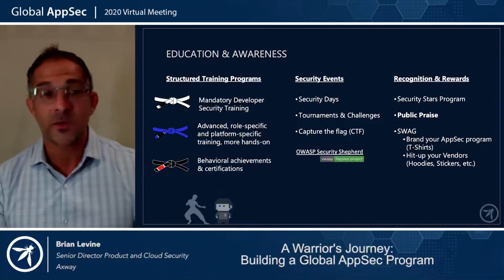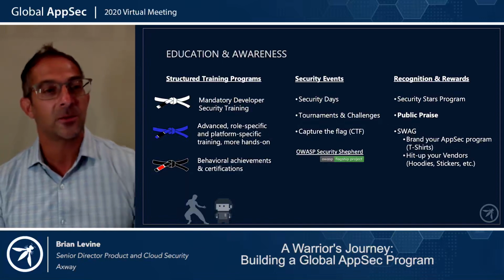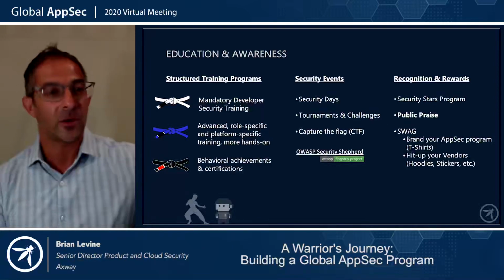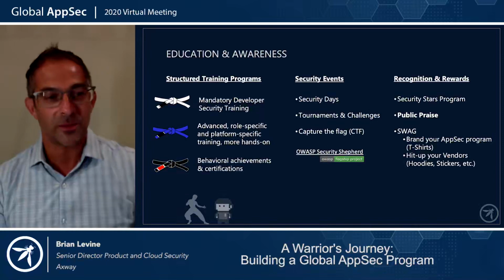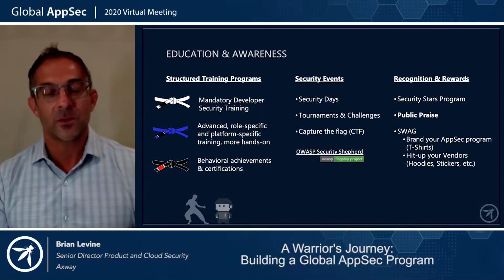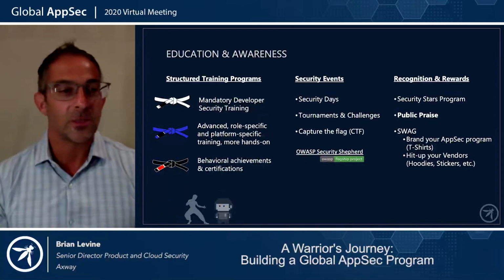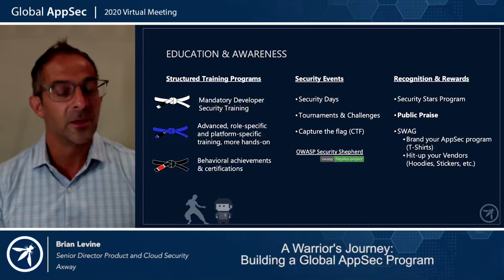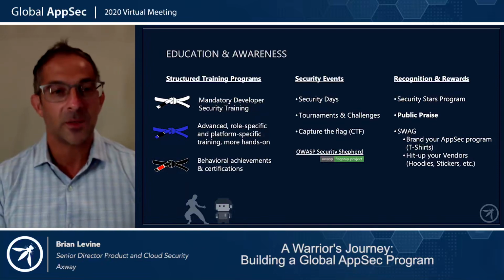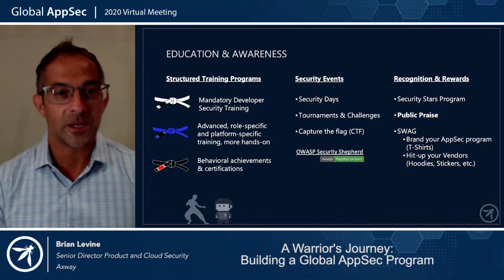It may take several years to build out a training program and to see a cohort go from white belt to blue belt to black belt. So if you're just starting out, start with the mandatory developer security training, which will include the OWASP top 10 vulnerabilities, common security mistakes developers make, and spreading awareness around common challenges.